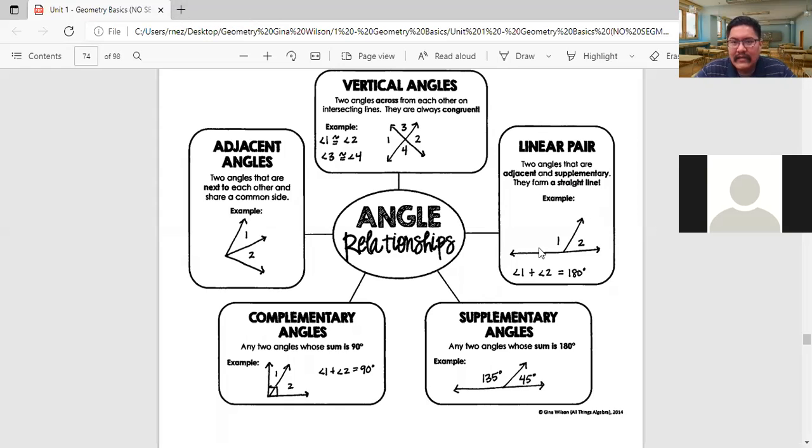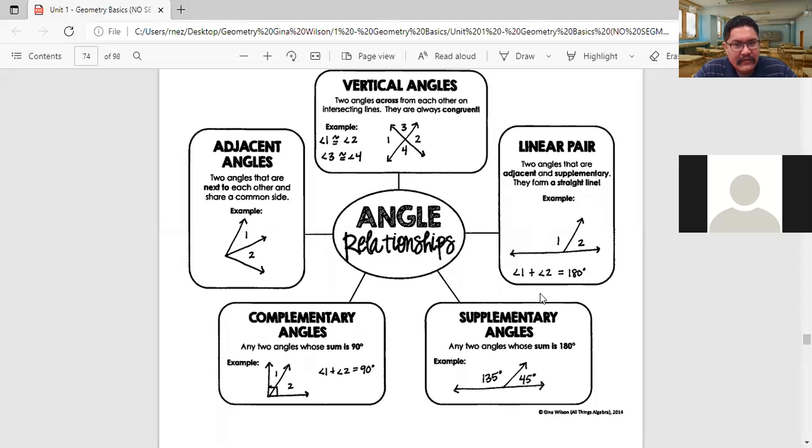So this is like completing a straight angle, which means it forms a straight line. The measure of angle 1 plus the measure of angle 2 will come out to 180 degrees. Very similar to that are supplementary angles: any two angles whose sum is 180 degrees.